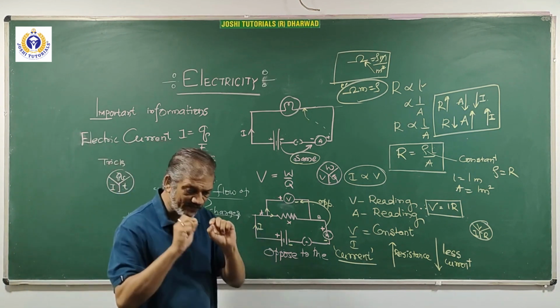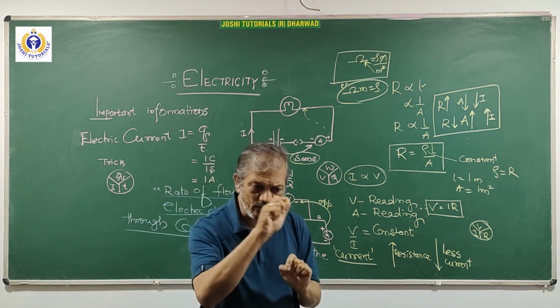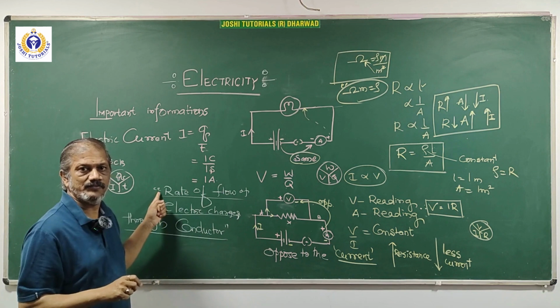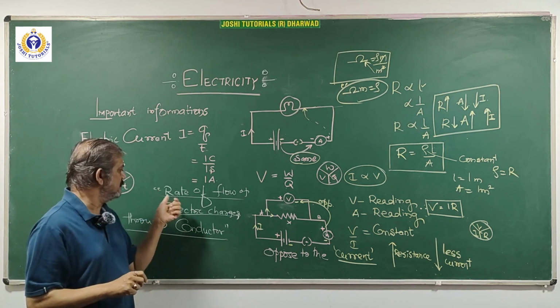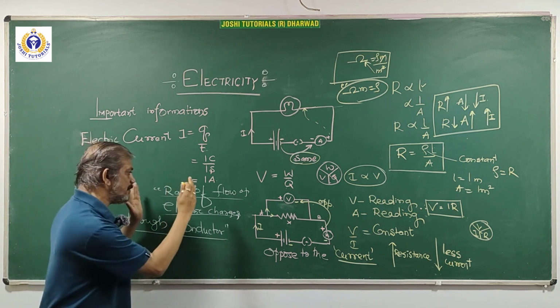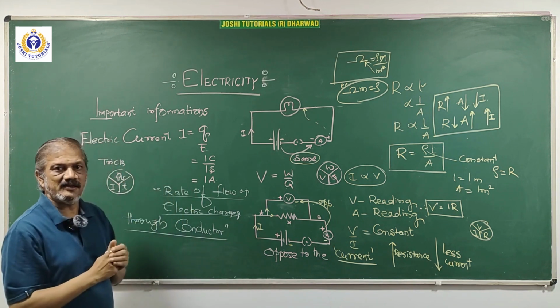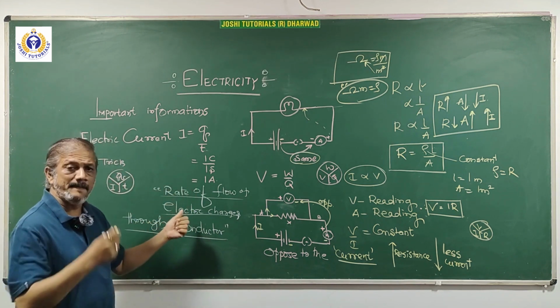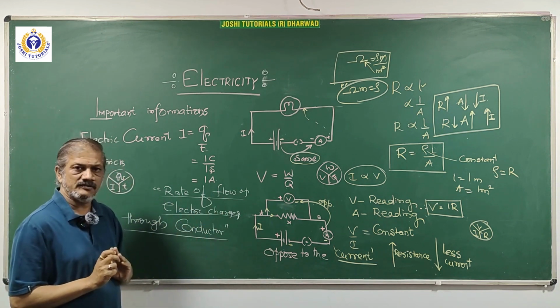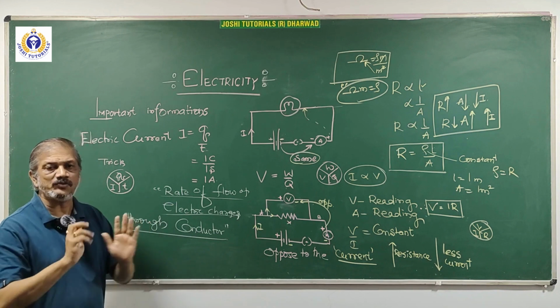Whenever they ask you to define, or ask what do you mean by, you have to write it in inverted commas, so that while checking your paper it looks perfect and neat, a discipline. And you have to underline important words like flow, charges, conductor.